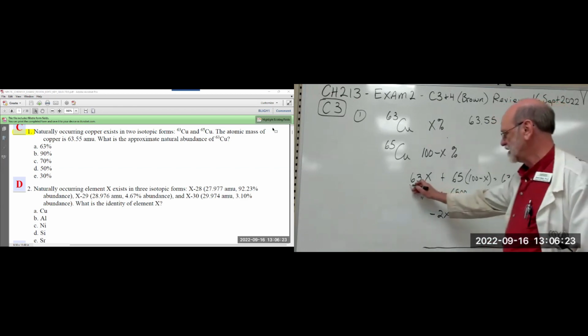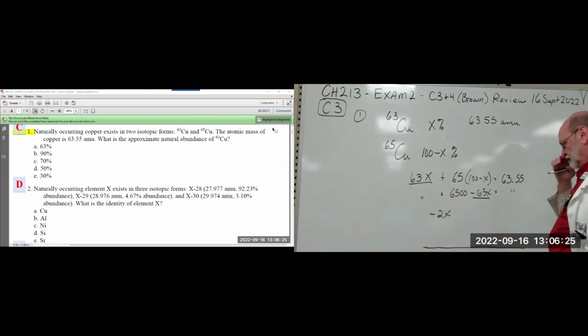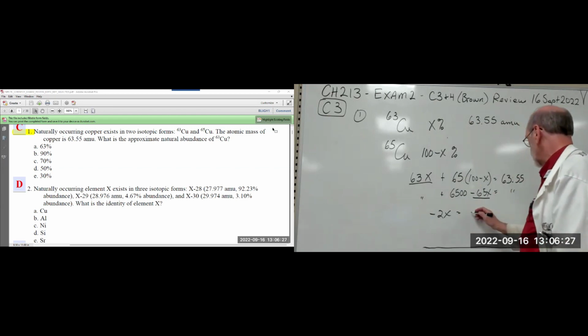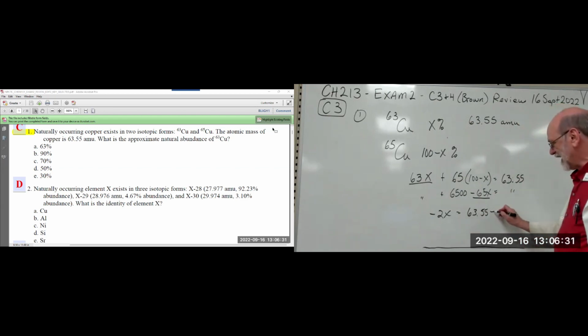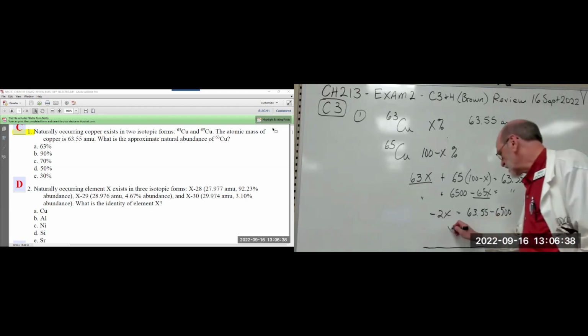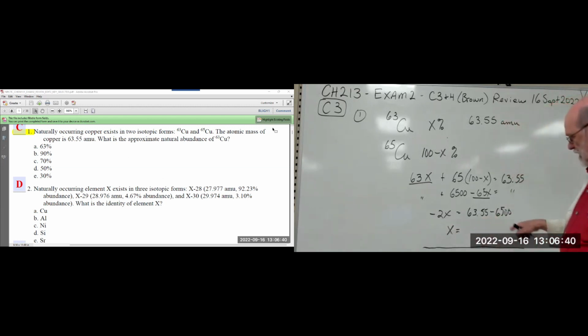This one and that one combined. And this is equal to 63.55 minus 6,500, correct?